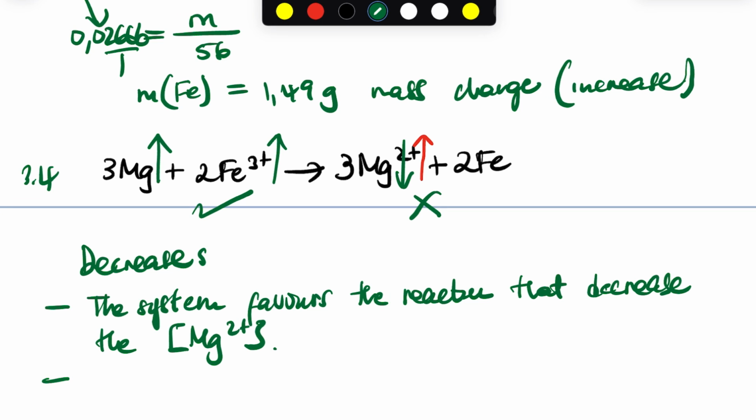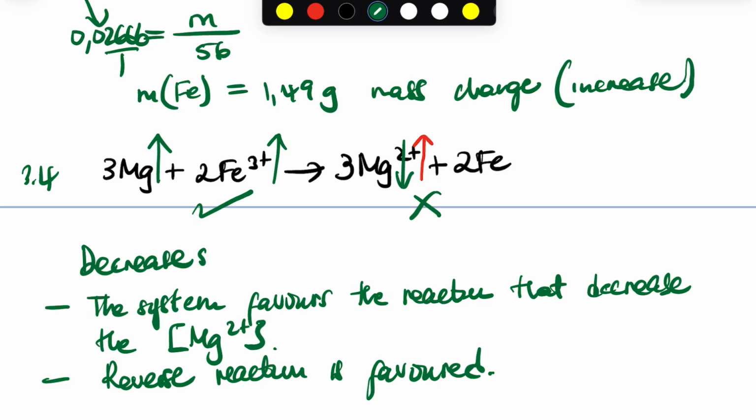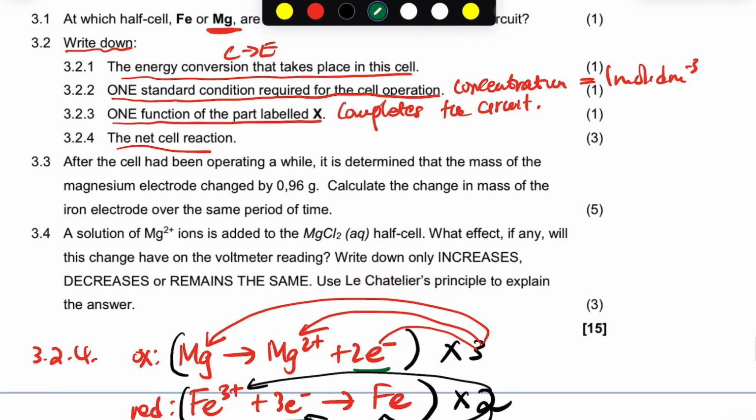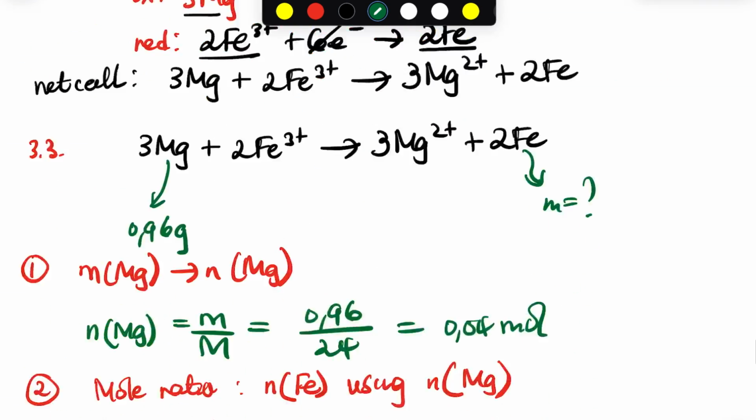We say the system opposes what has been done. The concentration has been increased, so it decreases. And then which one is going to be favored? The reverse reaction is favored. And that's how you explain according to Le Chatelier's principle.